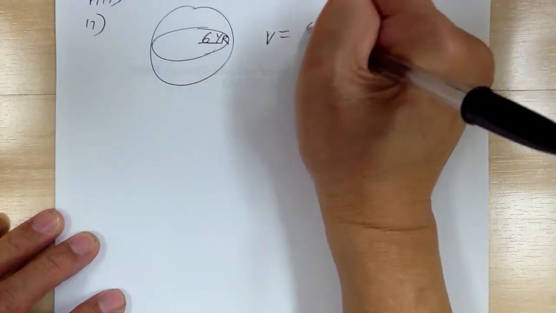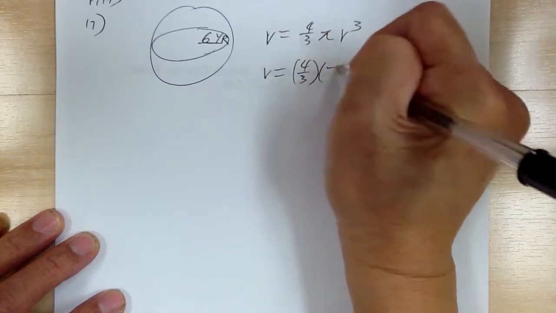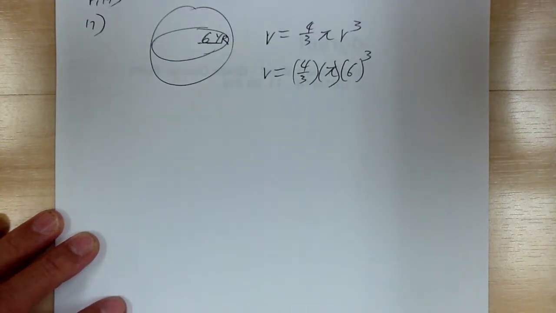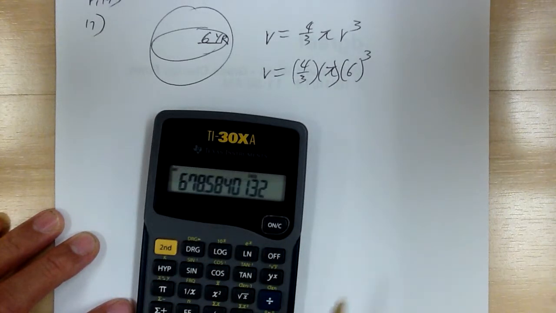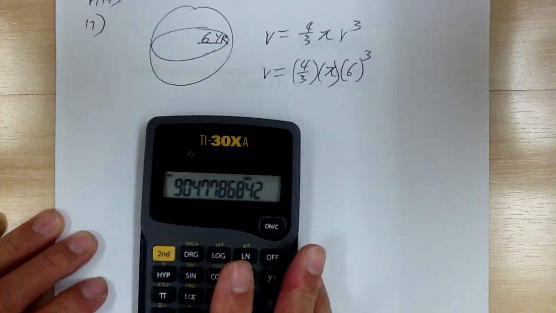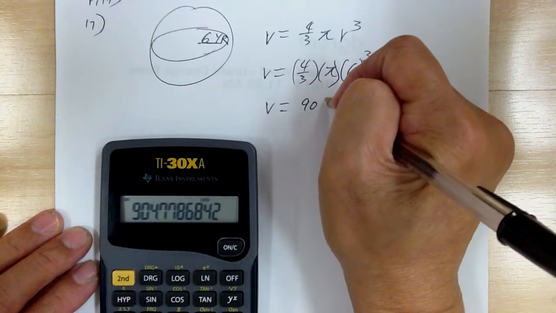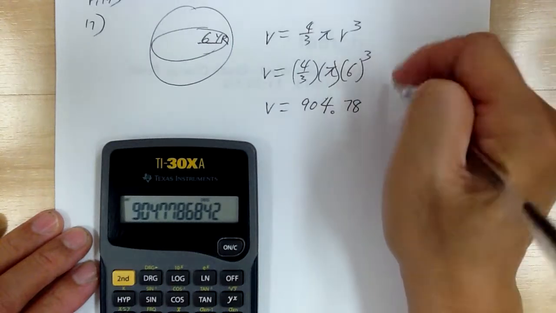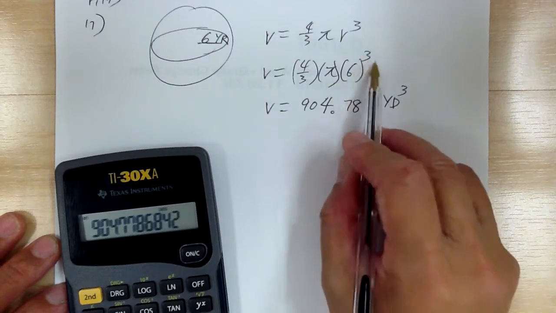So volume is equal to 4/3 pi r cubed. Okay, so get your calculator and punch in the numbers. So volume equal to 904, and it says round it off to 2 decimal places, so 904.78, and the label would be yards cubed, right? Because of the third power, so yard times yard times yard.